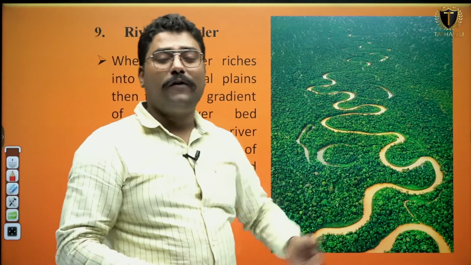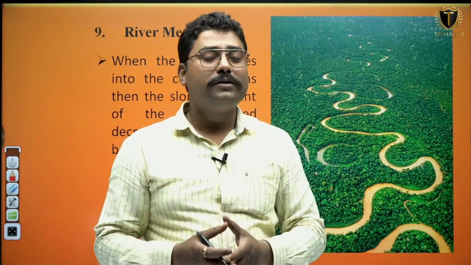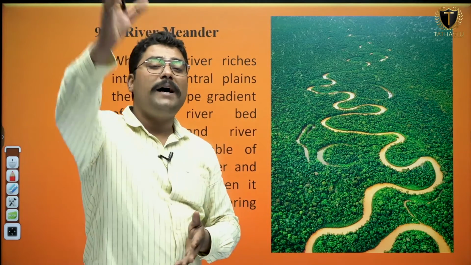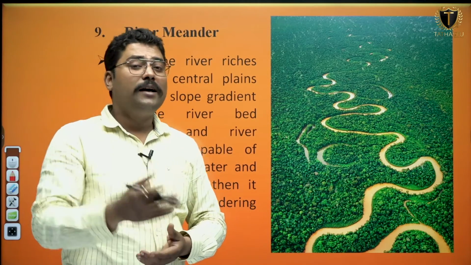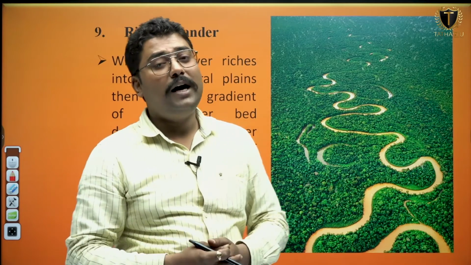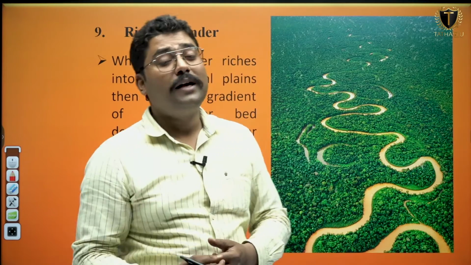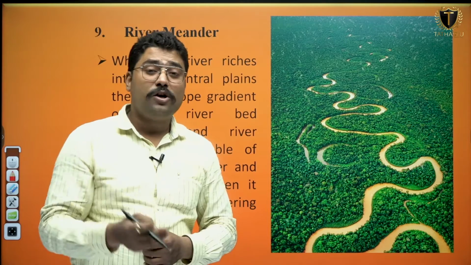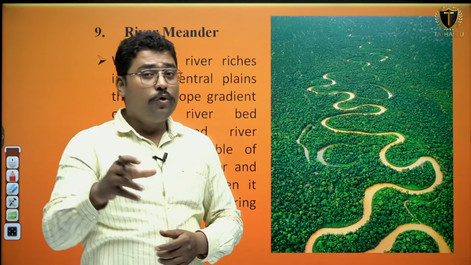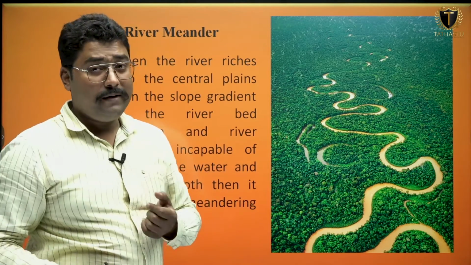And this you will find in those rivers which have a long path in the plain area, like the Ganga, Brahmaputra, Godavari, Krishna, Nile, Amazon, all these. So this will be considered a river meander.